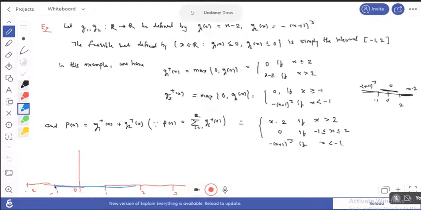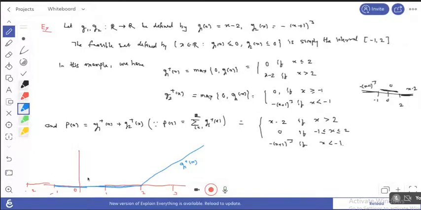After 2, there is a straight line, and that function is your g1 plus of x.